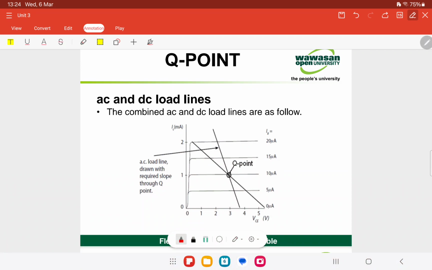This one is the AC load line, and this is the DC load line. The intersection between the AC and DC load lines, we call the Q point. Different power amplifiers will have different Q point values.